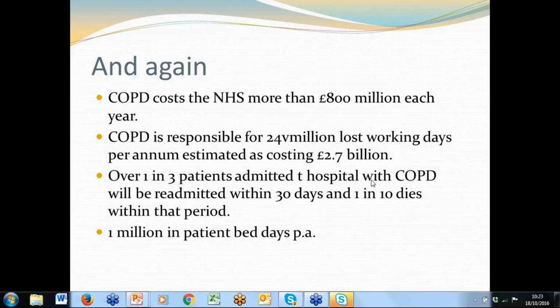1 in 3 patients who are admitted to hospital will be readmitted within 30 days, and 1 in 10 dies within that period. Those are quite big statistics, and COPD has always been called the Cinderella of illnesses because when they brought out NICE guidelines in 2010, they'd been talking about bringing out NICE guidelines for about 10 years probably, because they know it's a big cost to the NHS.